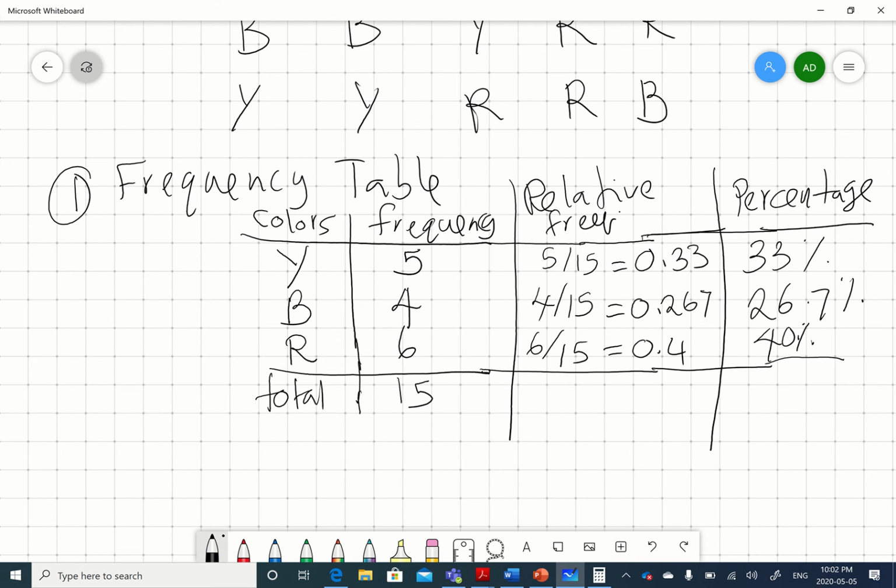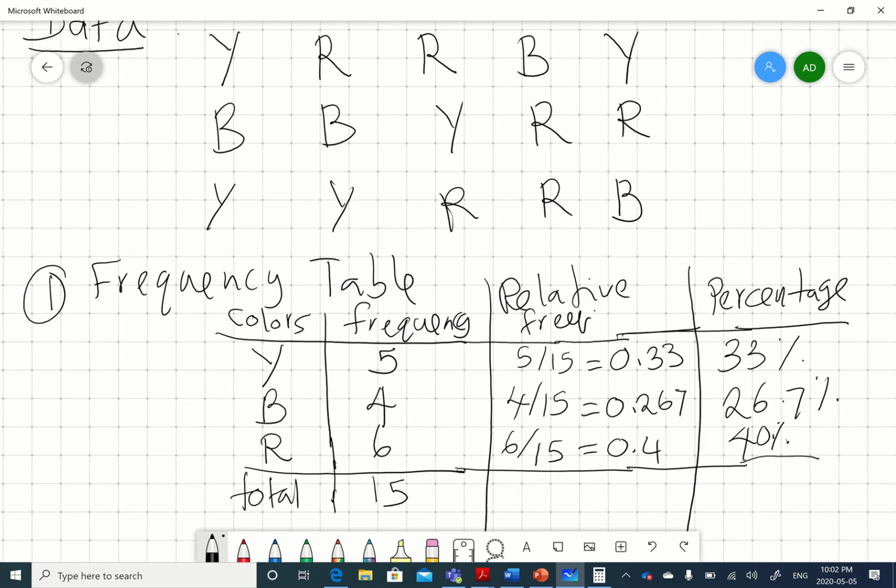Now you can easily make the comparison from the percentages. You can see 40% of the people in this sample prefer color red, 33% prefer the color yellow, 26.7% prefer the color blue. Now you can see this is summarized.